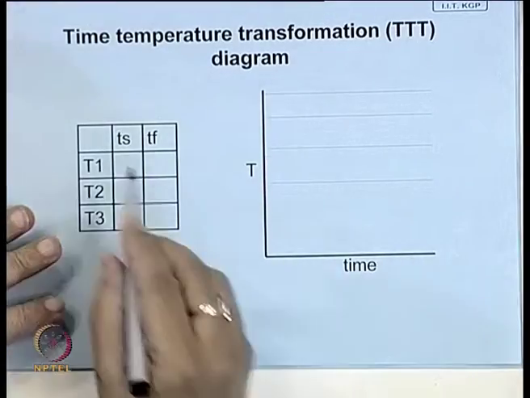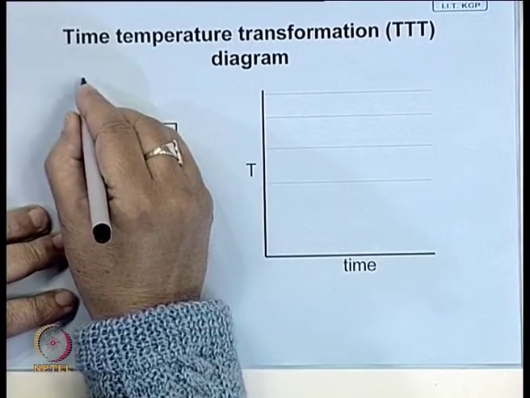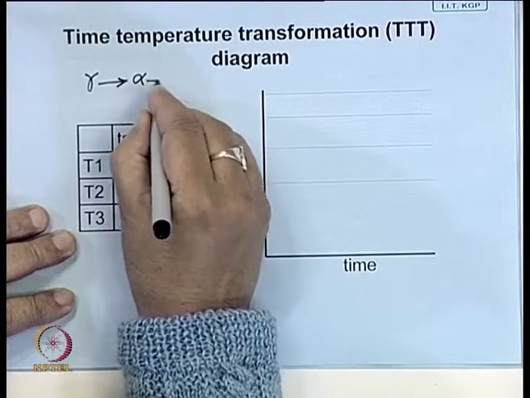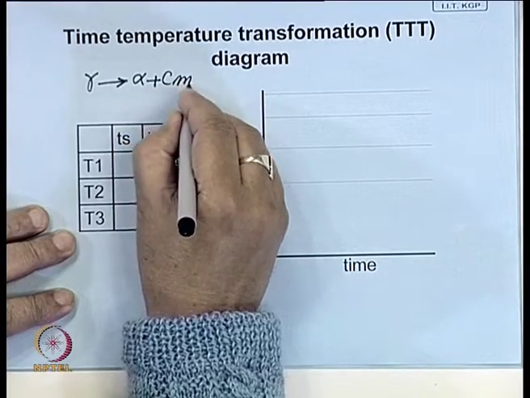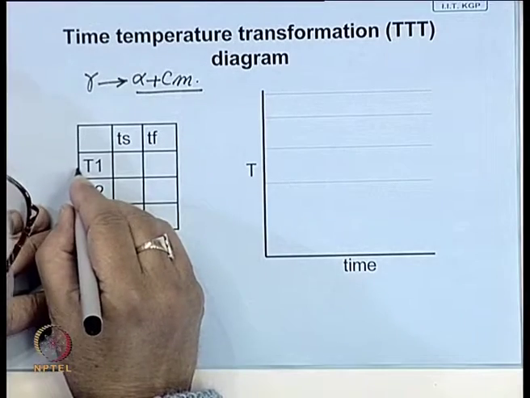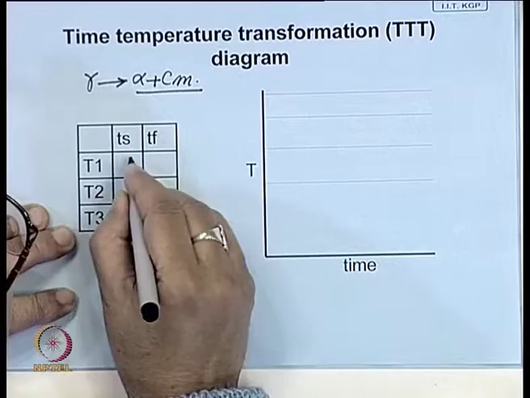If you compile a table at different temperatures, that is how austenite decomposes into a mixture of ferrite and cementite. So, for this temperature T1, say the start temperature, you get some number.